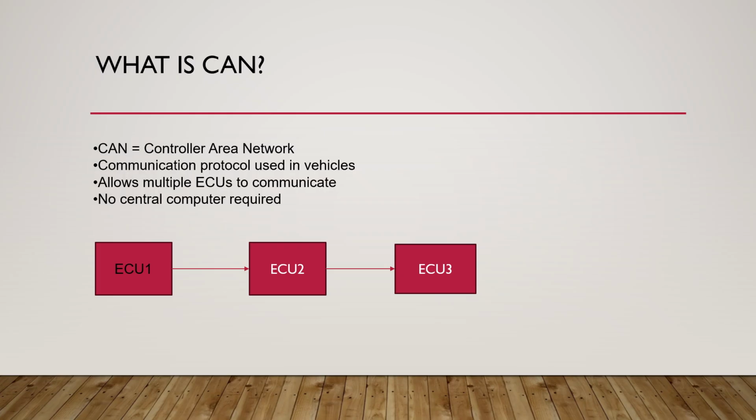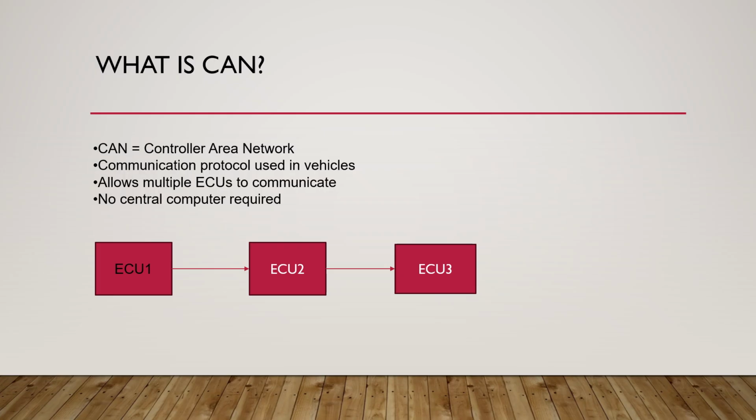What is CAN? Let's start from the basics. CAN is a Controller Area Network, and it's a communication protocol used in vehicles. In a car, there are multiple small computers called ECUs, which are Electronic Control Units.